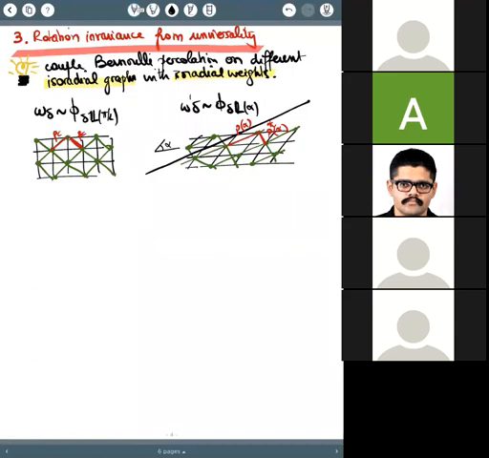So what are these graphs? Here I have an angle of pi over 2. And what I did is the original lattice, but rotated by an angle of pi over 2.